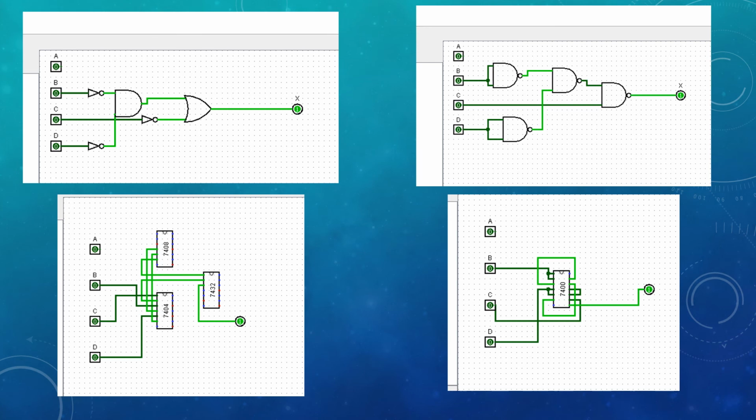This means that it's going to be the cheapest, easiest, and fastest to use only NAND gates to implement the circuit and to implement the truth table that we created at the beginning. This goes to show that not only are Karnaugh maps extremely important, but they also help us in figuring out which would be the fastest and easiest way to implement any given truth table in any circuit.